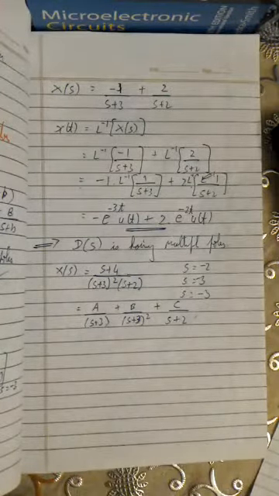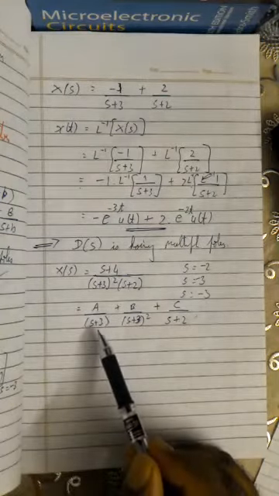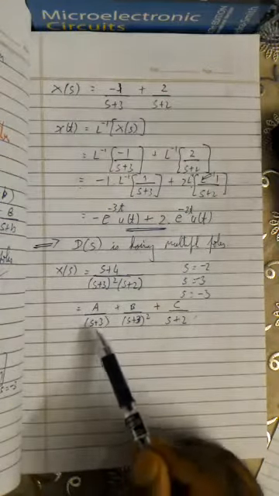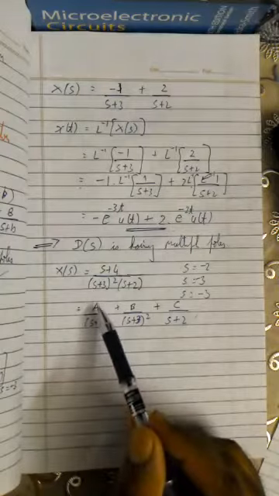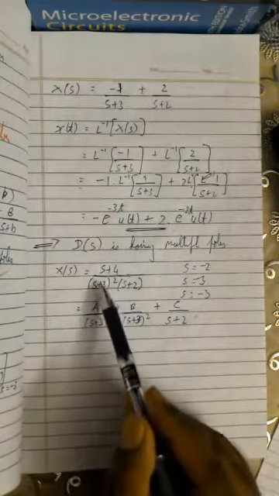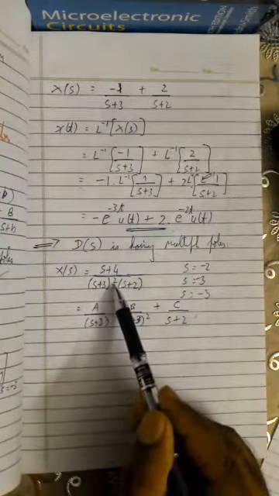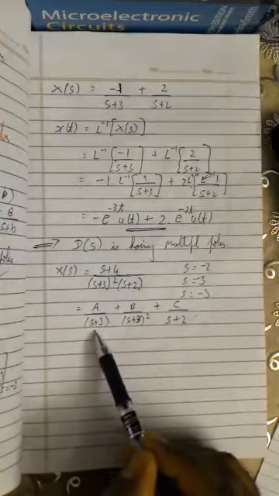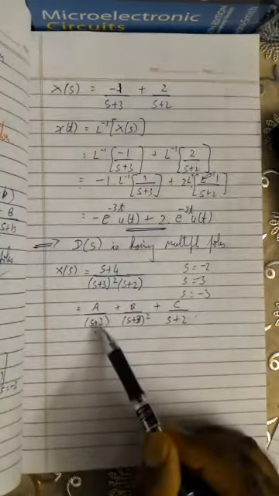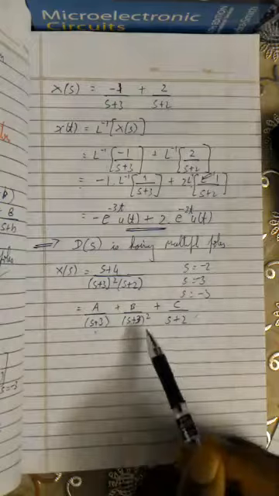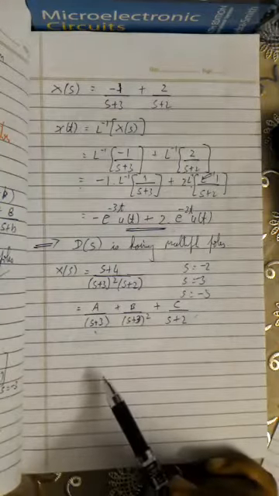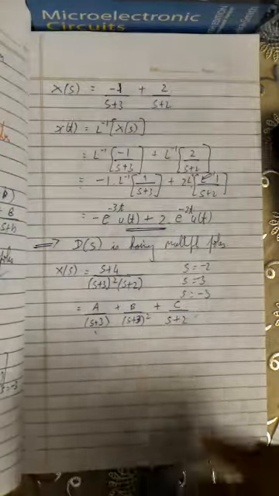Now look at the first term, a by s plus 3. This is incomplete. Incomplete means here you need s plus 3 the whole square, but only s plus 3 is present, so another s plus 3 is missing. The other 2 are distinct factors.